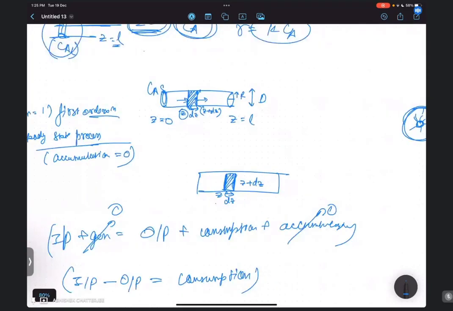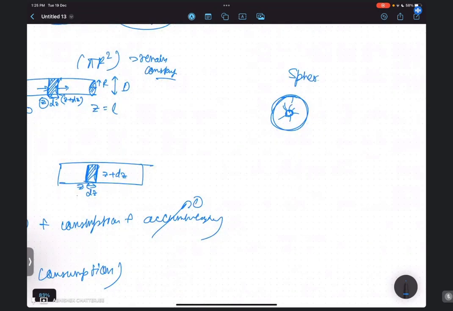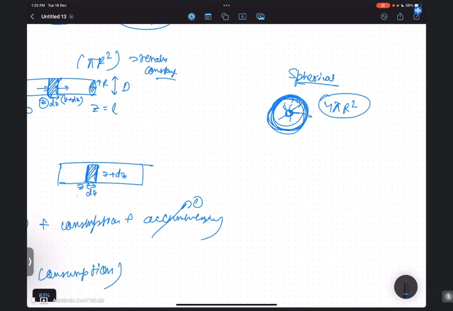In your cylindrical pore, your cross-sectional area, that is pi r square, is going to remain constant. However, in this spherical pore, this cross-sectional area, that is 4 pi r square, the entire surface area through which the diffusion is happening, is not constant.